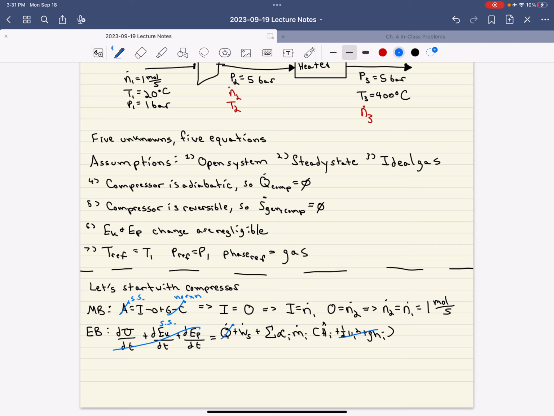Also, the compressor is adiabatic, so that term is 0. The left-hand side of our energy balance is equal to 0, and on the right-hand side we're left with the shaft work, the enthalpy of the stream going in, and the enthalpy of the stream going out of the compressor. Since N2 is equal to N1, we simplify our energy balance to this statement.